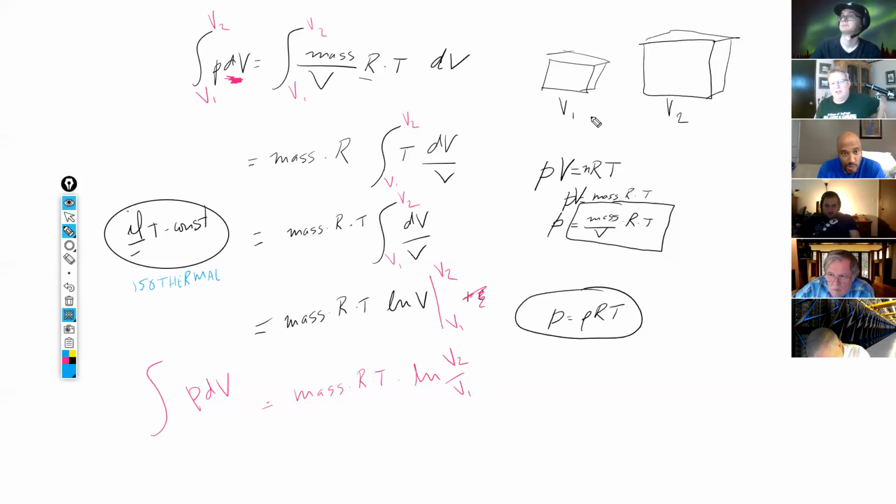What if it wasn't isothermal? What if I just let the box expand? Then the temperature is changing, right? Yes. But if I expanded the box because the temperature was changing, what if I said that the pressure was constant?